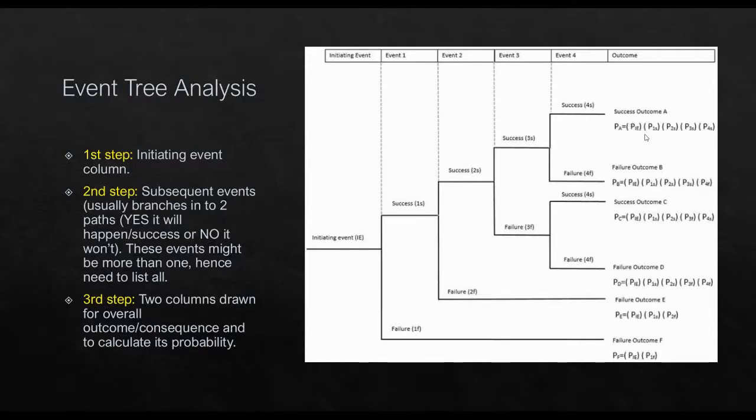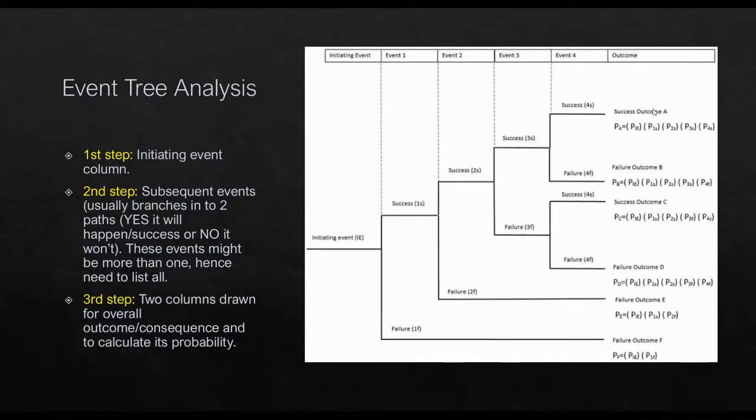For example, the probability of success outcome A is P of IE, the probability of the initiating event, multiplied by success probability of 1S, multiplied by 2S, multiplied by 3S, and multiplied by success. This is the step, the way to calculate the probability.